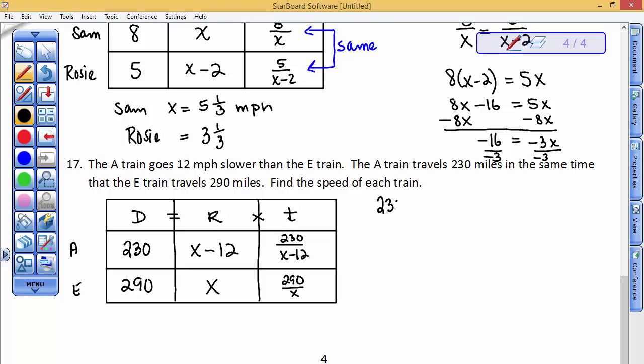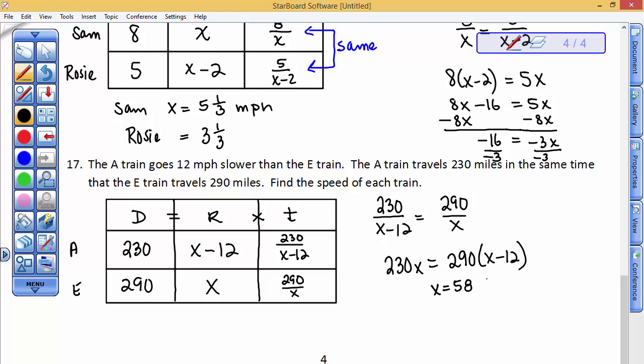And when you set the 230 divided by x minus 12 equal to the 290 divided by x and set their cross products equal, you have 230 times x equals 290 times x minus 12. I'm just going to look here and check this. It looks to me like you will solve and find out that x is 58 miles per hour.